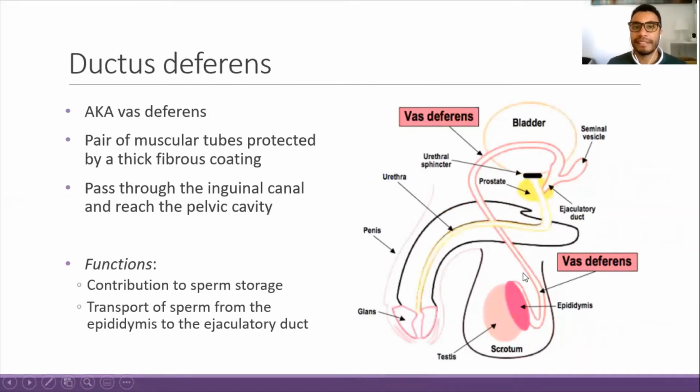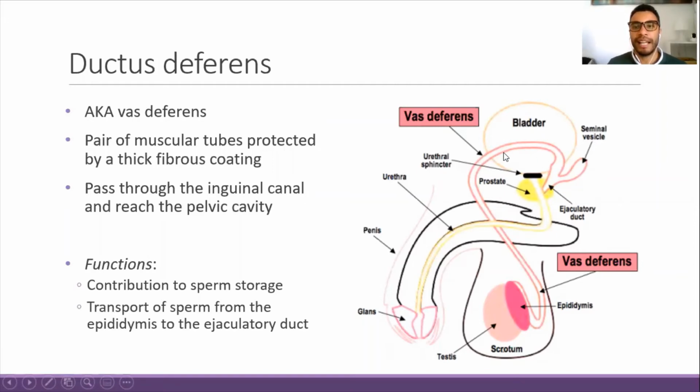Remember, they pass inside the spermatic cord, okay, and they will run until they reach approximately the bladder.